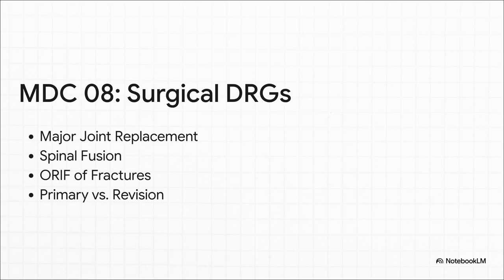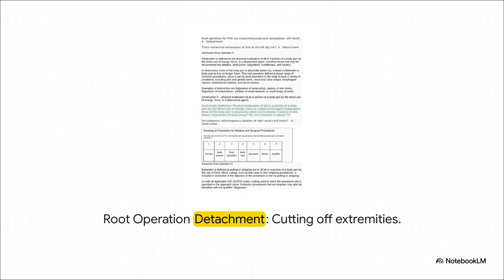So the absolutely crucial point here is understanding the drivers of these DRGs. The DRG weight and therefore the hospital's reimbursement shifts drastically based on highly specific details. Is that joint replacement primary, or is it a revision? Is it a total arthroplasty or just a partial one? And of course, the presence of secondary diagnoses acting as CCs or MCCs plays a massive role in tiering the final payment.